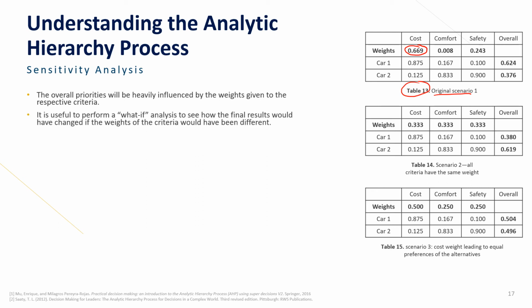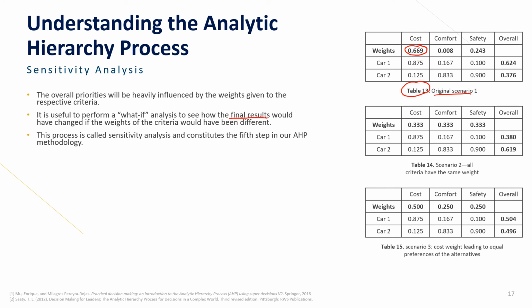Sometimes it is important to do sensitivity analysis, or in this case we can also call it what-if analysis, to see how the final result that we already have previously would have changed if the criteria had been different. So what if the criteria were different, then what would the final result be?